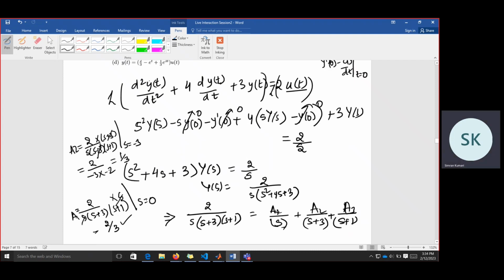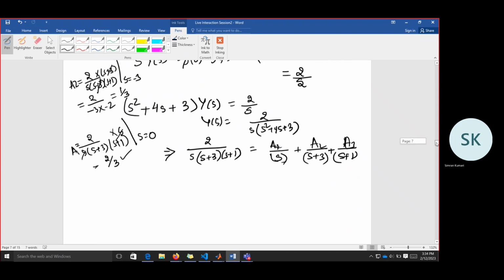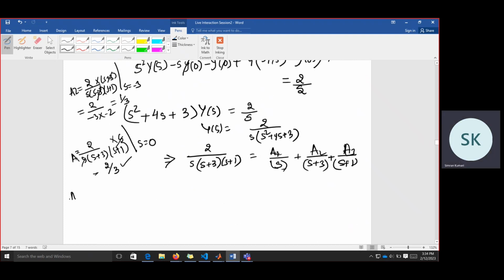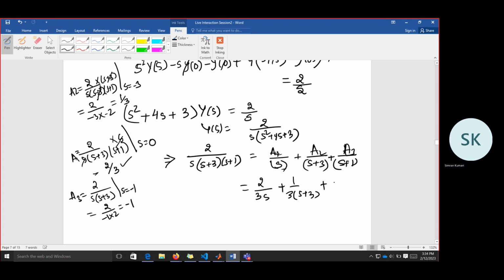I think this will be 1 by 3. A3 will be equal to minus 1. So this is 2 by 3s plus 1 by 3 times s plus 3 plus minus 1 by s plus 1.